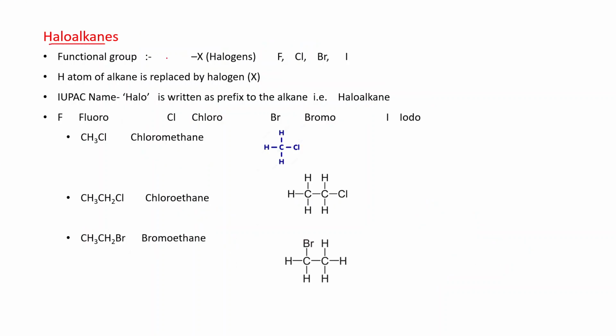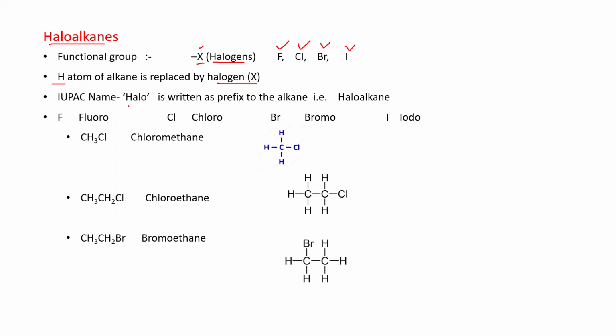Haloalkanes. Now in this case, the functional group is X, the halogens, and halogens are fluorine, chlorine, bromine, iodine. These are known as halogens, and commonly they are represented by X. It means a hydrogen atom of an alkane is replaced by a halogen, then we will get the haloalkanes.